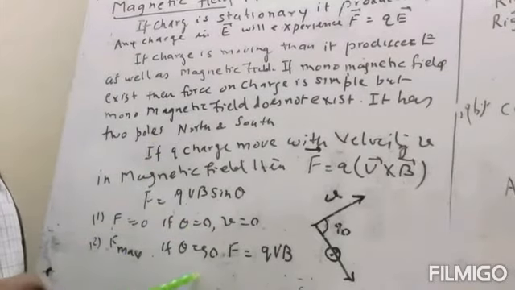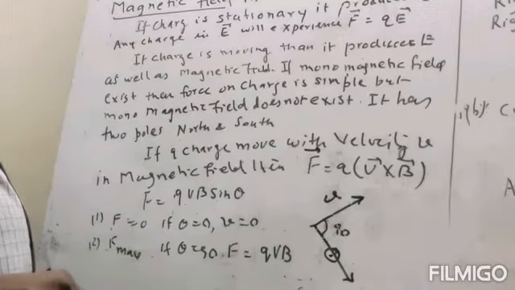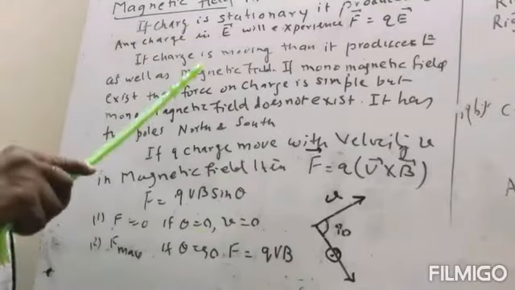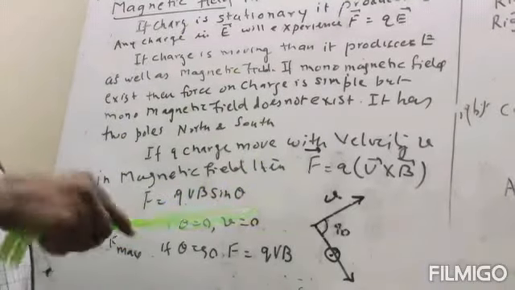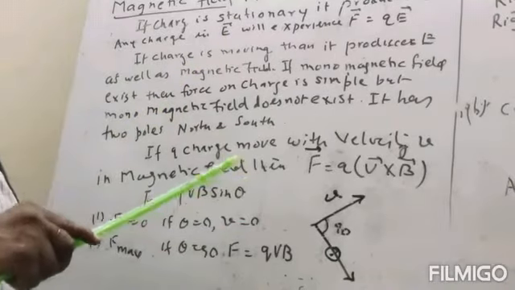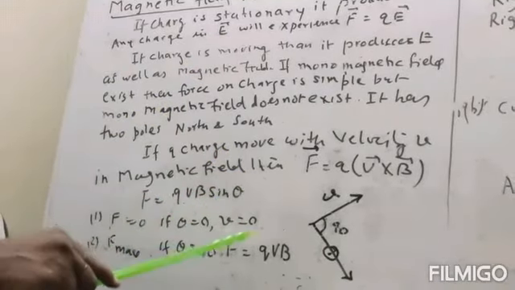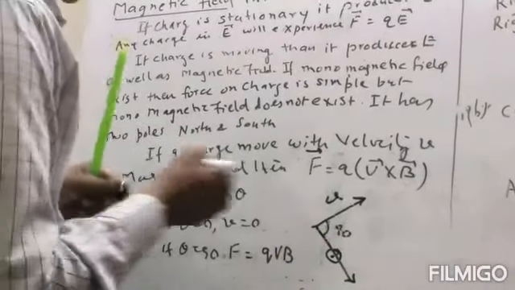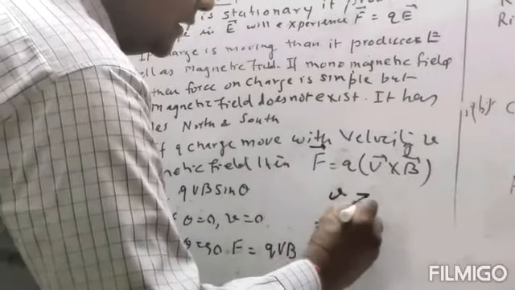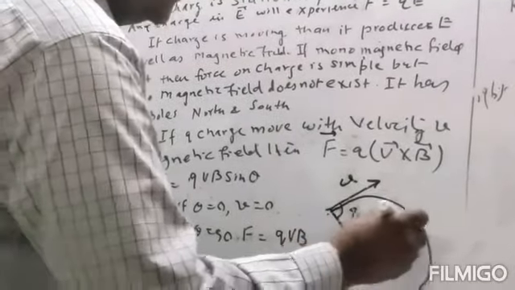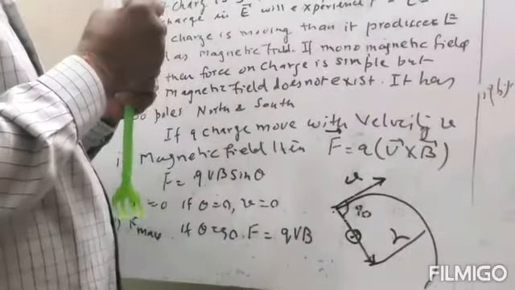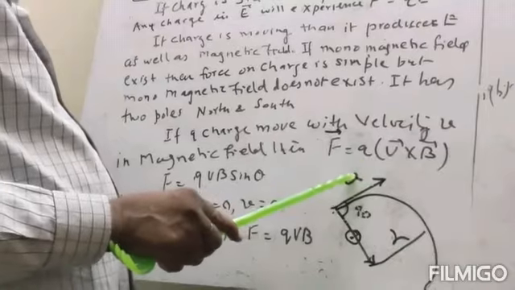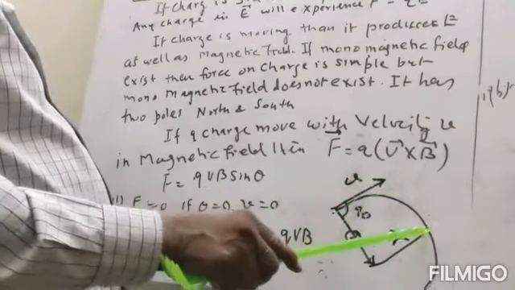So maximum force will be when V and B are perpendicular to each other, and in that case the particle will produce a circular motion. Its speed will not change and it will be a circular motion, and the radius will be constant. The magnitude of velocity does not change, only its direction is changing.